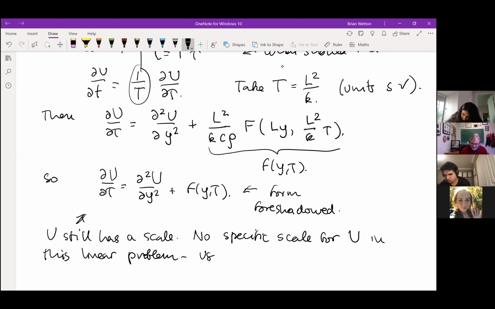You can use any scale you want, which is a little bit unsatisfying, maybe, but that's what happens with linear equations.